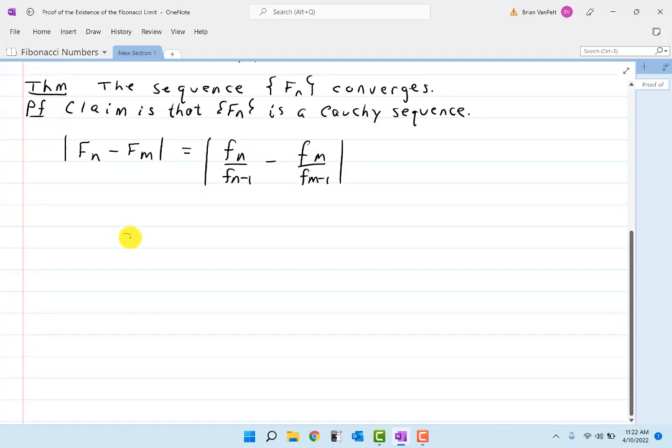Then I'm going to get common denominators. Well, actually, I'm going to cross multiply and get f_n f_{m-1} minus f_{n-1} f_m, and that's all divided by f_{n-1} times f_{m-1}.